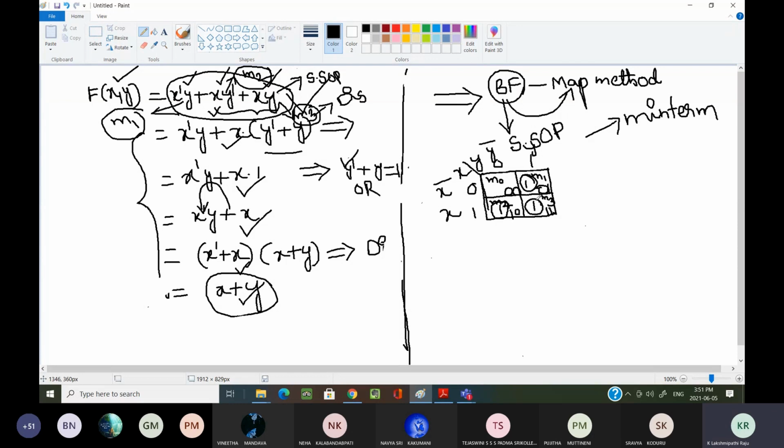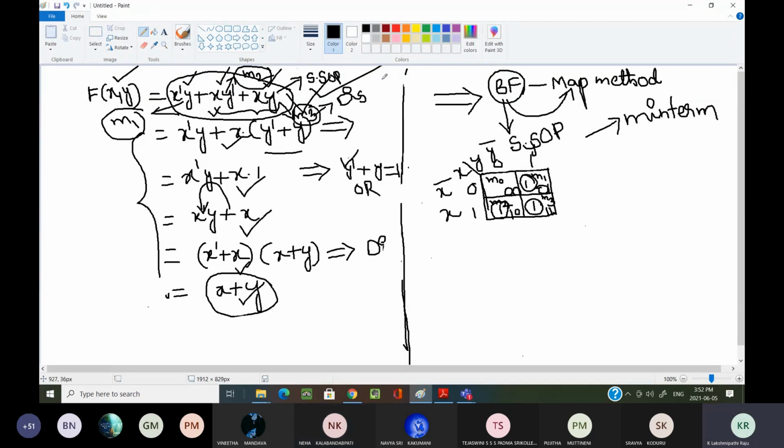Can someone tell me why we are filling the map by using ones? Why have we used ones to fill the map? How am I getting this logical expression? They all differ by 1 variable. Not like that.